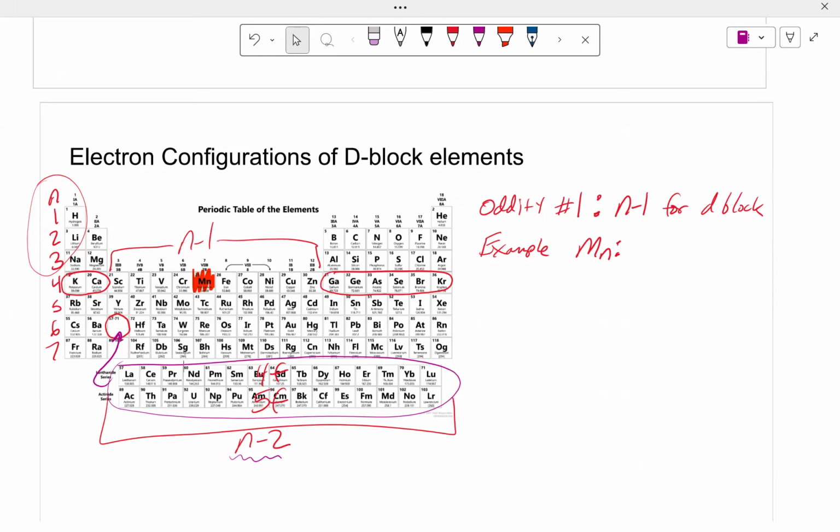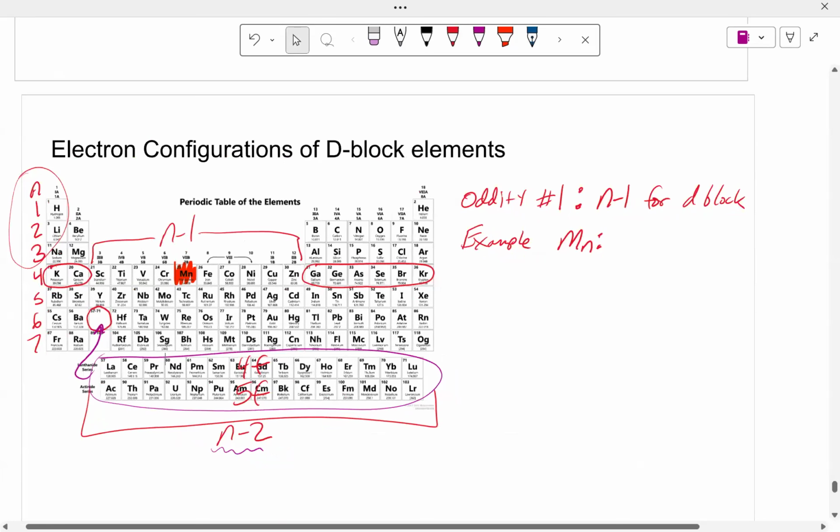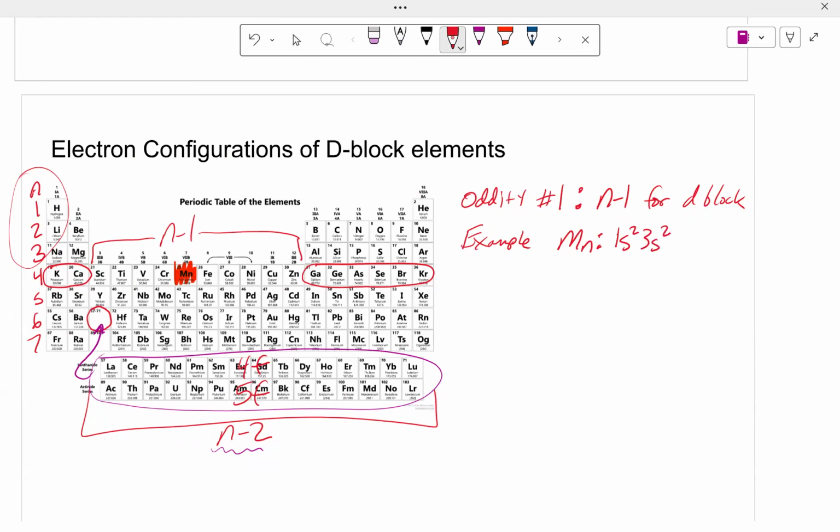Rather than write out all the previous electron configuration, the configuration for the first three rows would look like this: 1s2, 2s2, 2p6, 3s2, 3p6. That takes care of the first three rows.